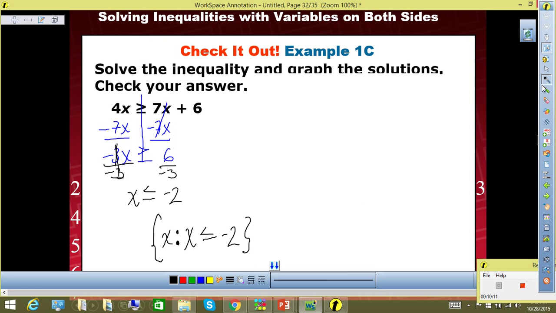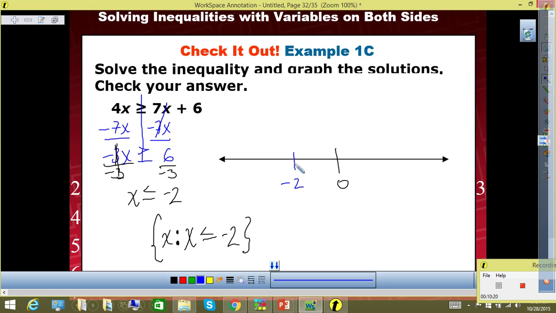In our graph, let's do the graph. Help me with that one, Marcos. Negative 2 is right here. That's our dividing point. Is it a closed or an open point? Closed. Which direction? To the left.